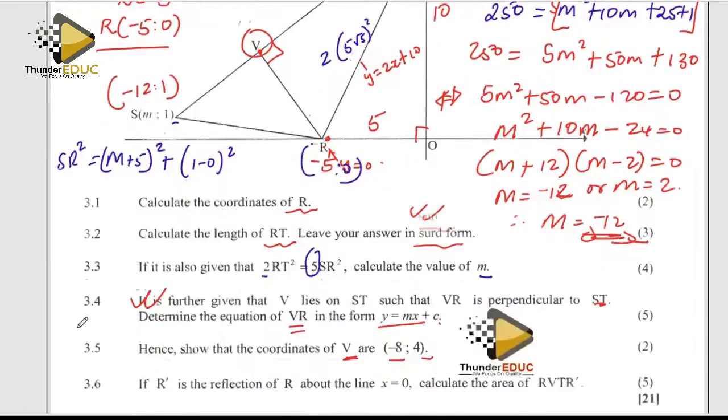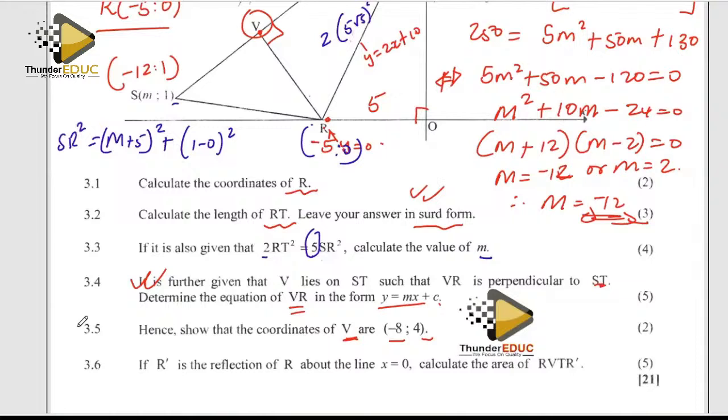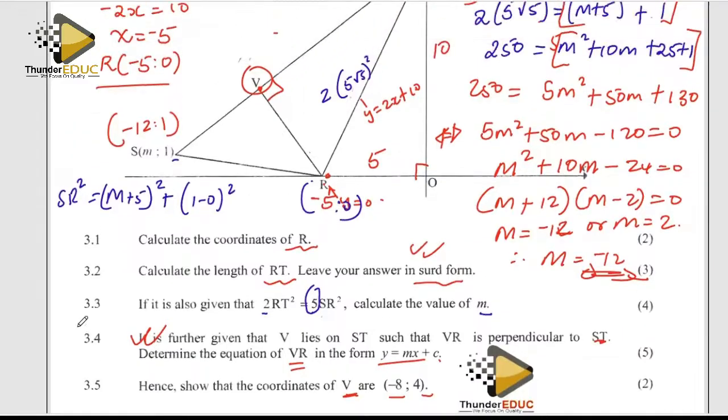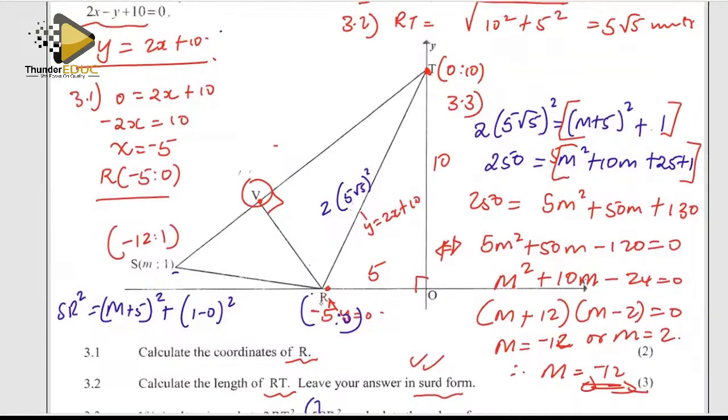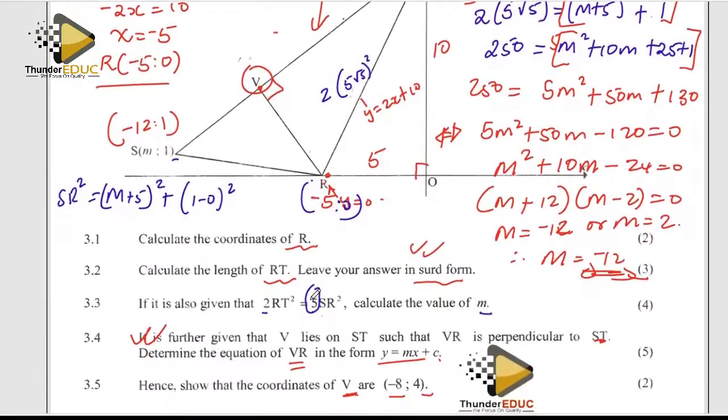What would people have done in this kind of scenario? Because the approach I have is kind of lengthy for 2 marks. What I need is just the equation of this line, and then I'll solve the two simultaneously. That's the option that I have currently.